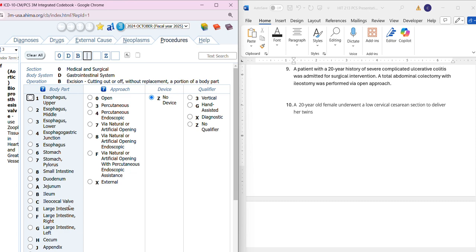And since they removed the large intestine, that's why they had to create the ileostomy. So this patient's waste would have a form of escape, a way of coming out of the patient's body.